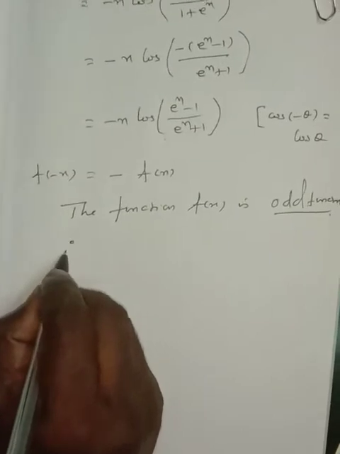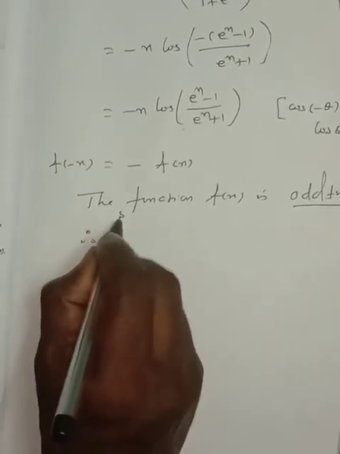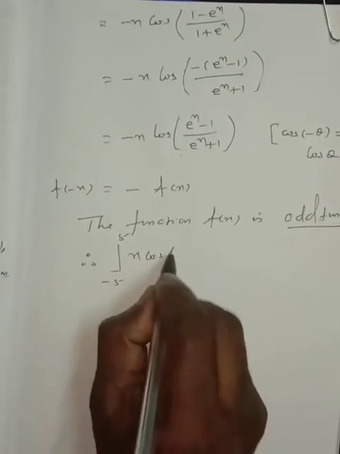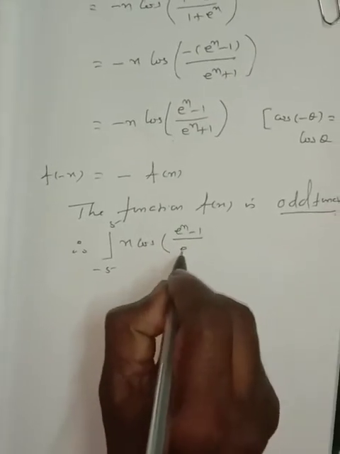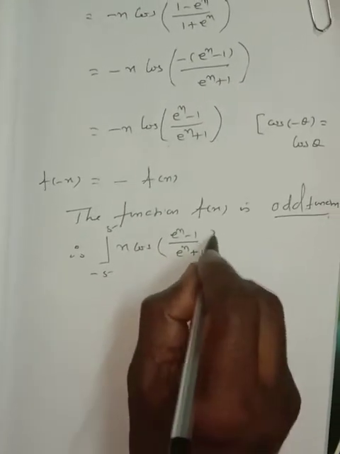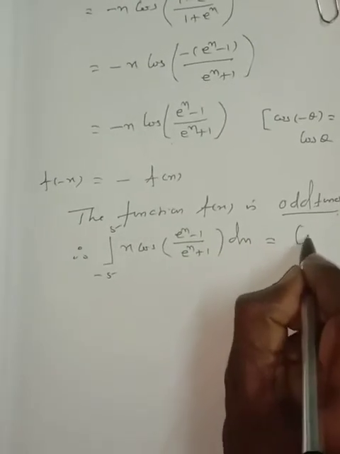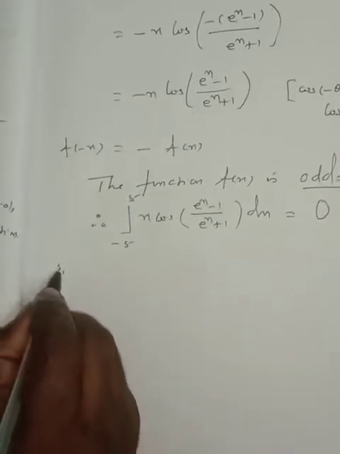Therefore, the integral from minus pi to plus pi of x cos of e to the power of x minus 1 divided by e to the power of x plus 1 into dx is equal to 0, which is the answer. Next, subdivision number 2.